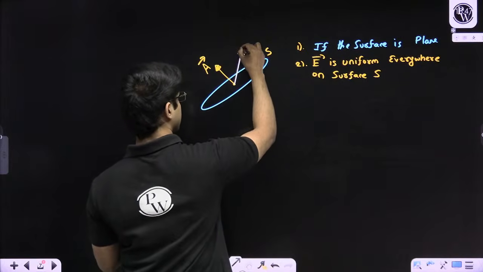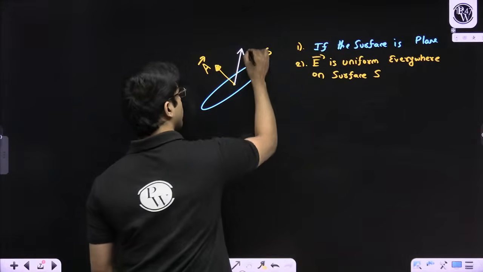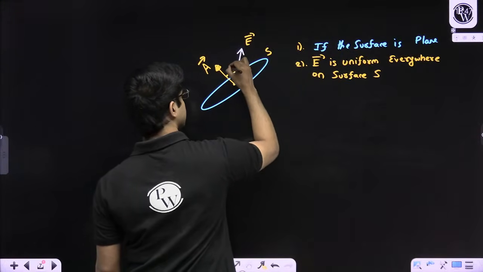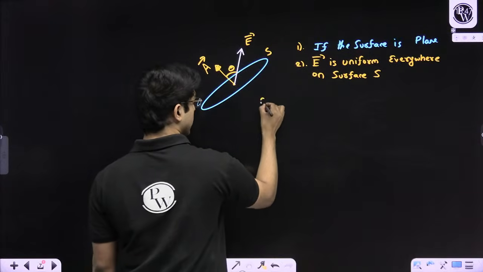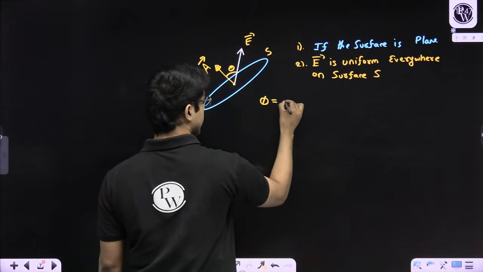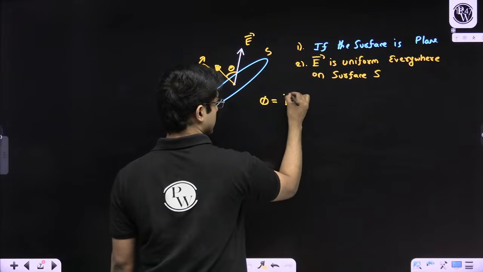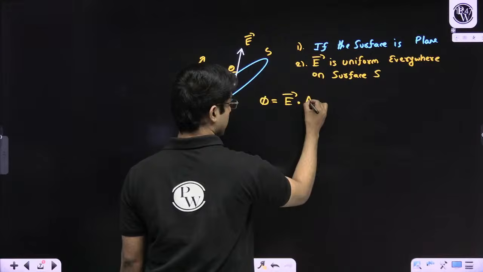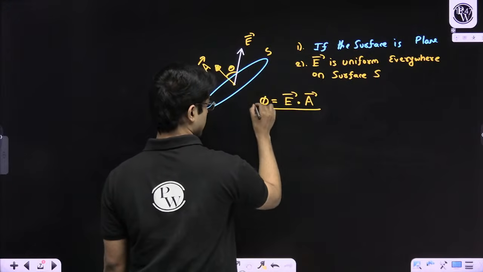Let's say the electric field is in this direction. This is the E vector. If this angle is θ, then the total flux φ through this large area is E dot A. Only if these two conditions are met can you use this formula.